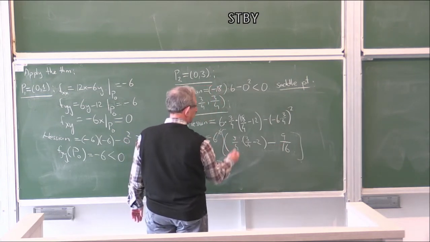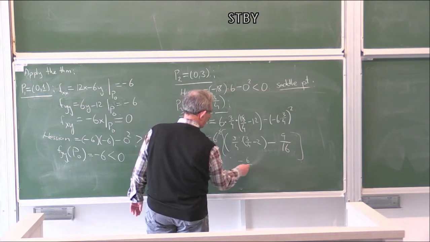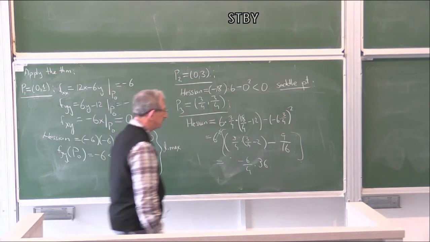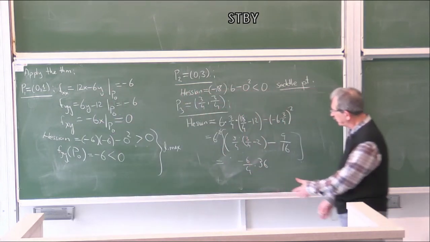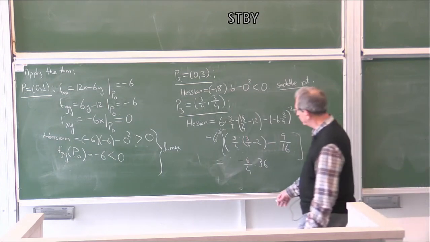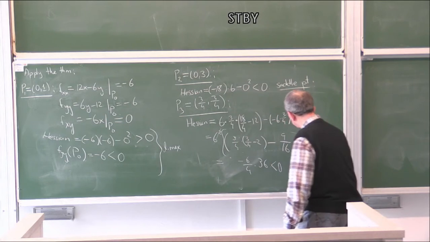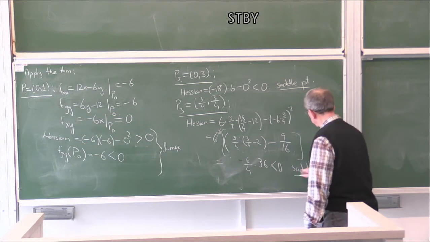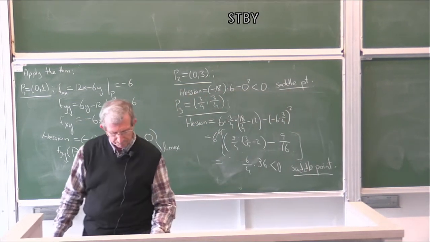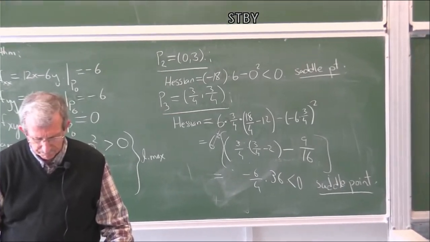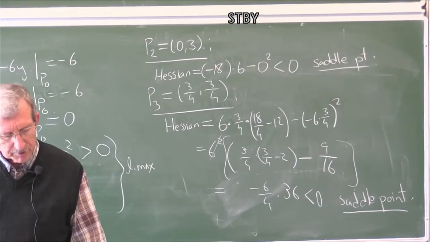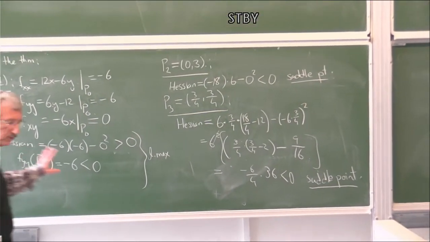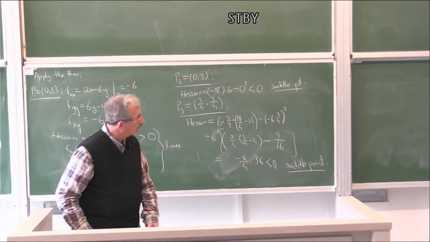So you end up with minus 6/4 times 36, which is 3/2 times 36, so that would be highly negative. So it's again a saddle point. All right. Let me check with my results. Yes. These are saddles, and this is a local maximum.